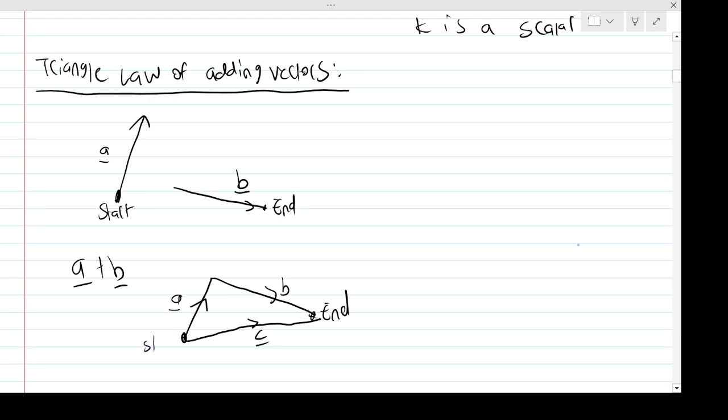So we start here, and we end there when we go through vector A and then through vector B. But we can make another vector C, which goes directly from the start to the end, without having to go through two different vectors. If we add two vectors, we can get from the start to the end by just one vector. So we can say that A and B equals C.